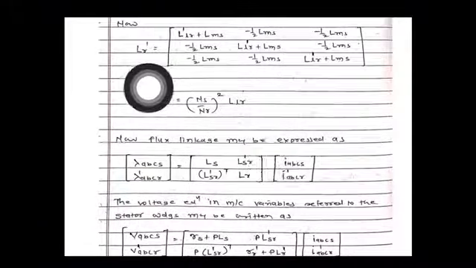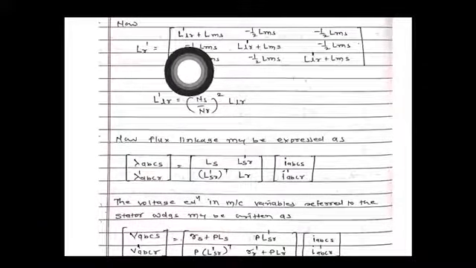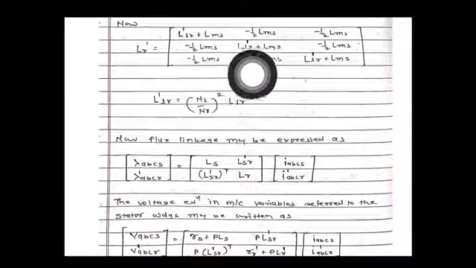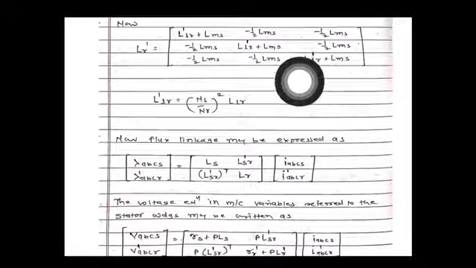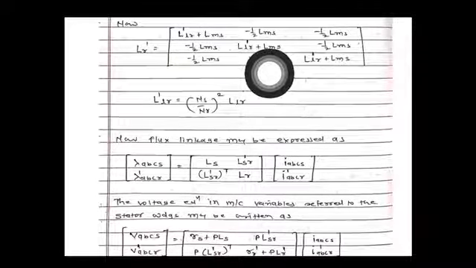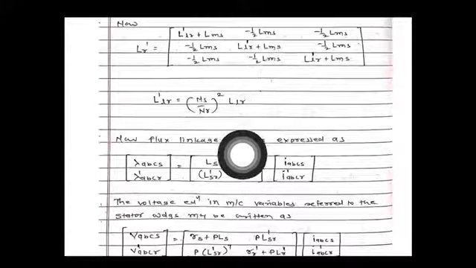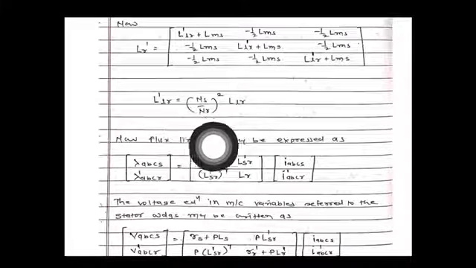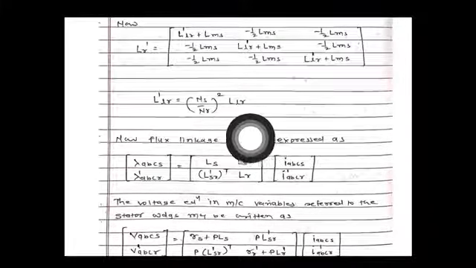Now LR dash is given by same thing, diagonal elements are same, LLR dash plus LMS, all the diagonal elements are same, and off diagonal element is given by minus 1/2 LMS. So LLR dash is equal to NS by NR square into LLR.